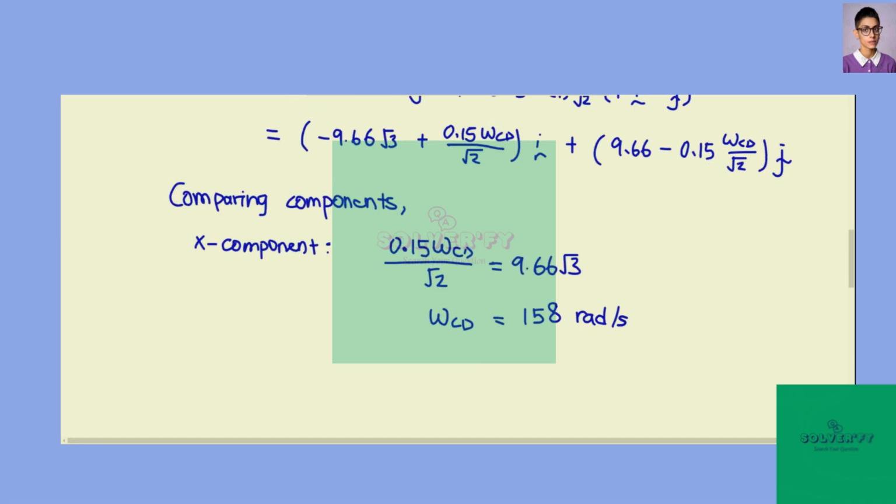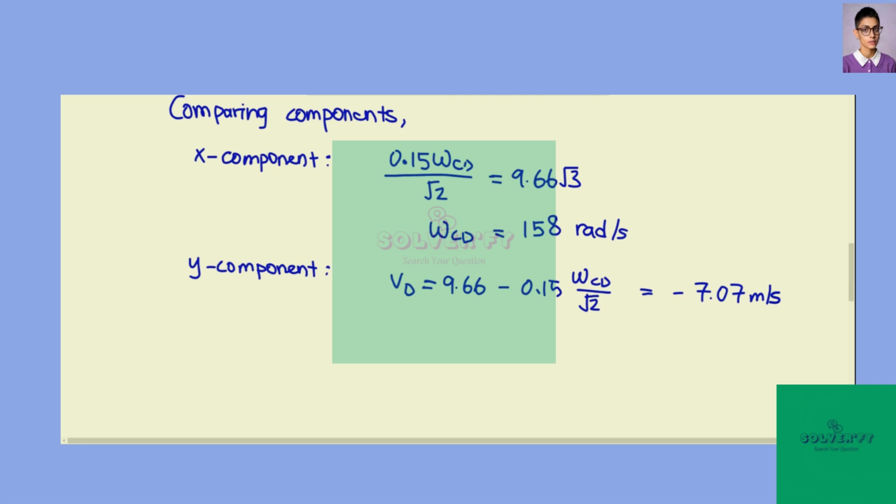Then we put this omega CD into the y components. So y component VD is equal to 9.66 minus 0.15 omega CD divided by root 2. And so this is negative 7.07 meters per second. So the final answer, the VD vector, is minus 7.07 J meters per second. So this is the answer for this question.